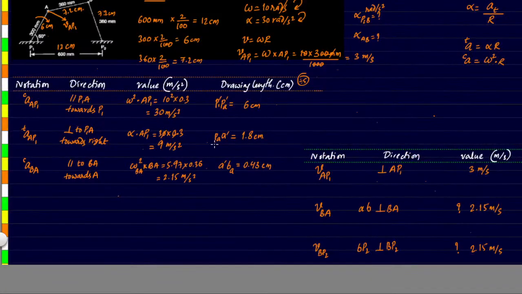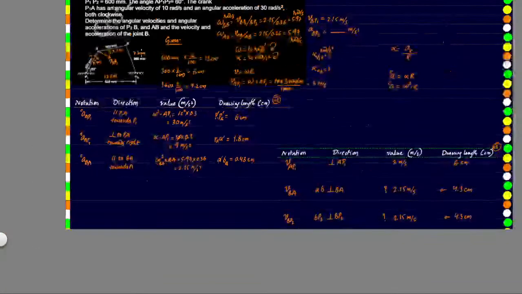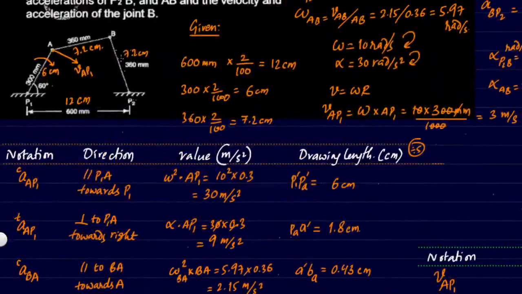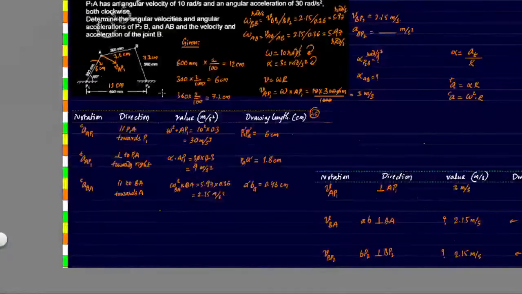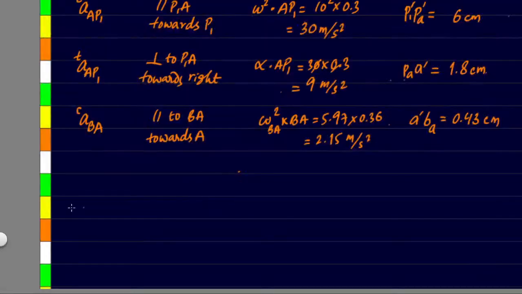Next acceleration that we can find is centripetal acceleration of point B with respect to P2. This has to be parallel to BP2, and it has to be towards P2 because P2 is the fixed point.